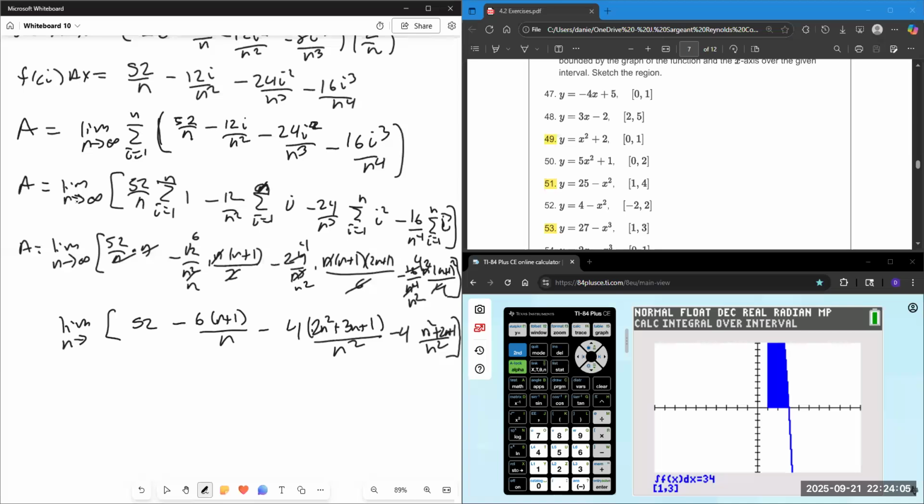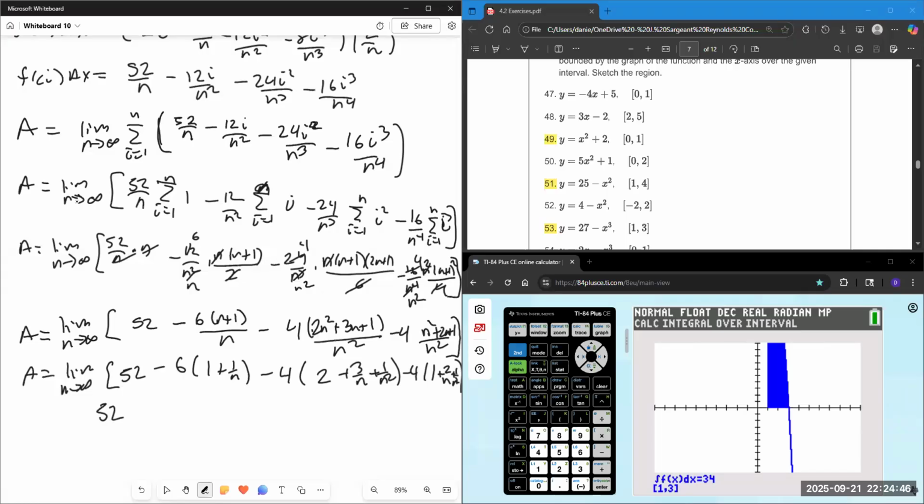Limit as n goes to infinity, A equals the limit as n goes to infinity of 52 minus 6 times 1 plus 1 over n, minus 4 times 2 plus 3 over n plus 1 over n squared, minus 4 times 1 plus 2 over n plus 1 over n squared, is 52 minus 6 minus 8 minus 4. 52 minus 18 is 34, and that is my exact answer for my area.